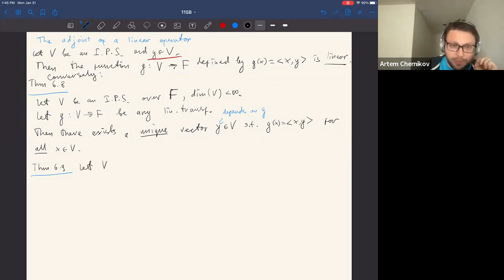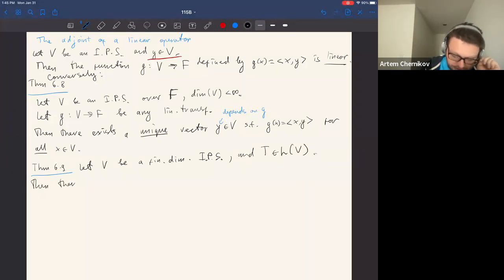So assume V is a finite dimensional inner product space and assume that T is a linear operator on V. Okay, then there exists a unique function T star from V to V such that we have the following relation.